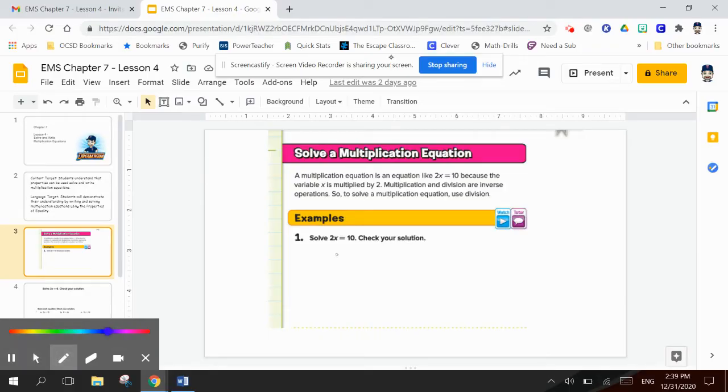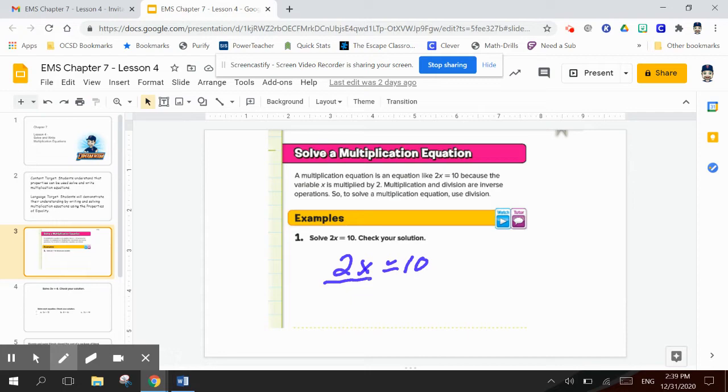In this case, when we have 2x equals 10, to solve, I'm going to divide each side of my equation by the value in front of the variable. So I'm going to divide 2x by 2, and I'm going to divide 10 by 2. When I divide 2x by 2, the 2's cancel out, and I'm only left with my variable x.